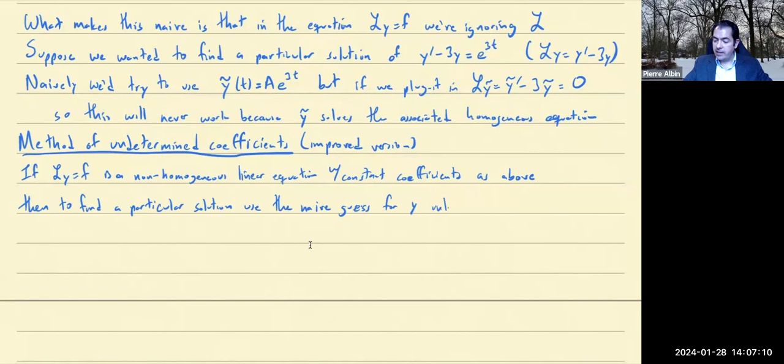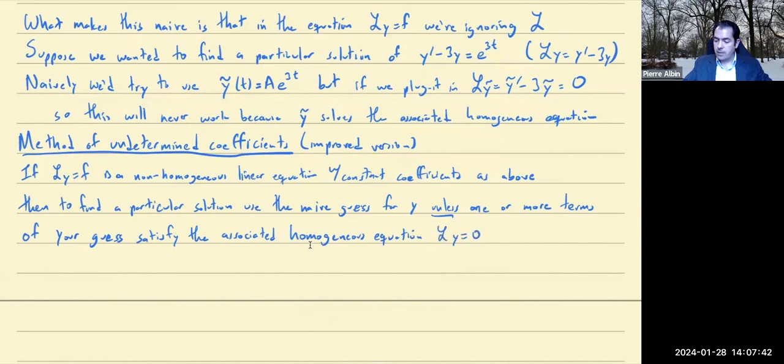unless one or more terms of your guess satisfy the associated homogeneous equation, Ly equals 0.